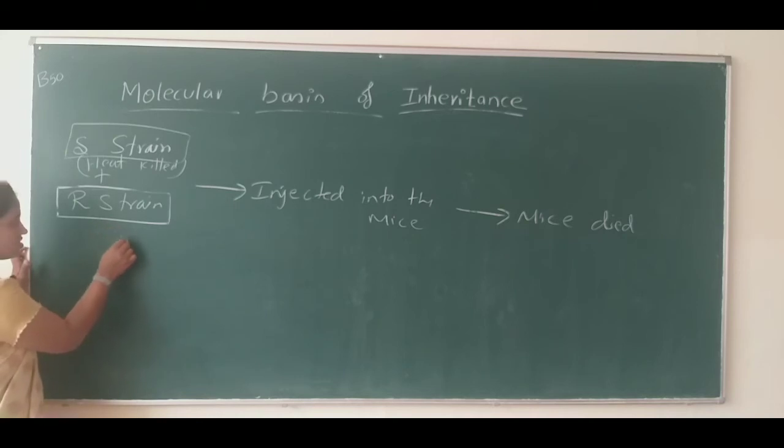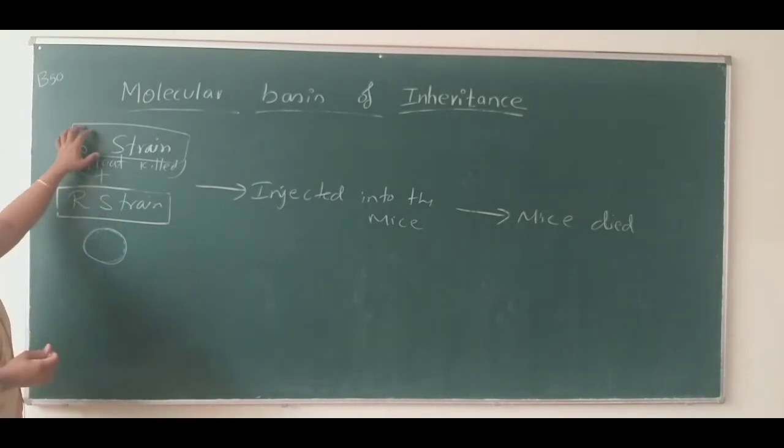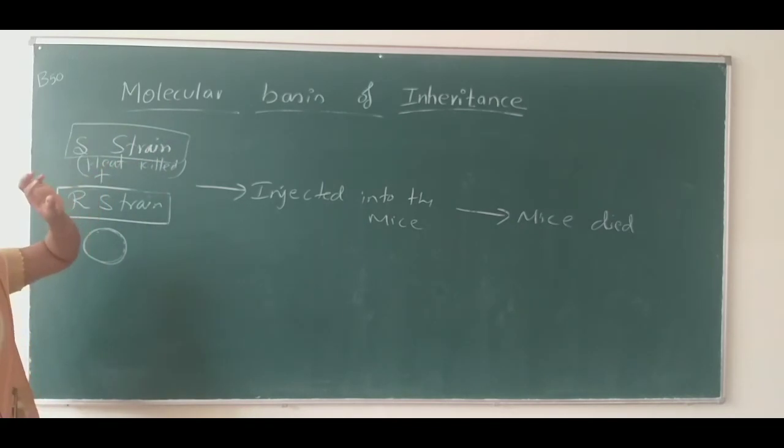It forms a polysaccharide coat, a capsule around it, taking all these mechanisms from the S strain bacteria.